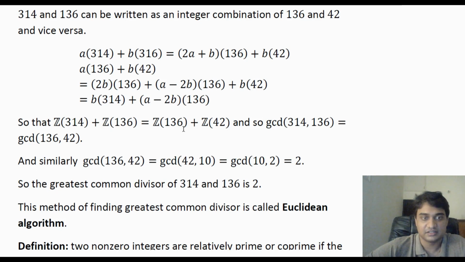And since this equals the set Z136 plus Z42, both pairs have the same greatest common divisor. So GCD(314, 136) equals GCD(136, 42).